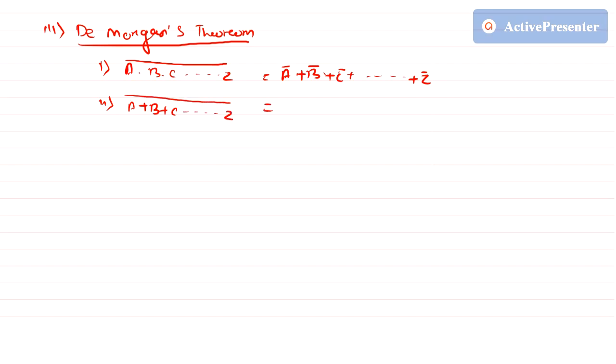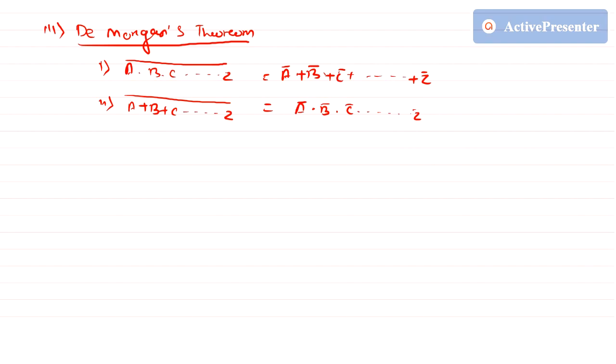Point 1 is, if you have a dot b dot c dot up to z, suppose any number of variables can be there, then the output will be a bar plus b bar plus c bar, like this it will go up to plus z bar. And similarly the other way, if it is a plus b plus c up to z whole bar, then it will be equal to a bar dot b bar dot c bar dot.